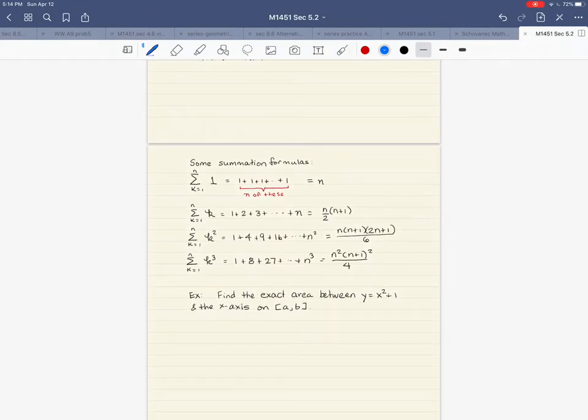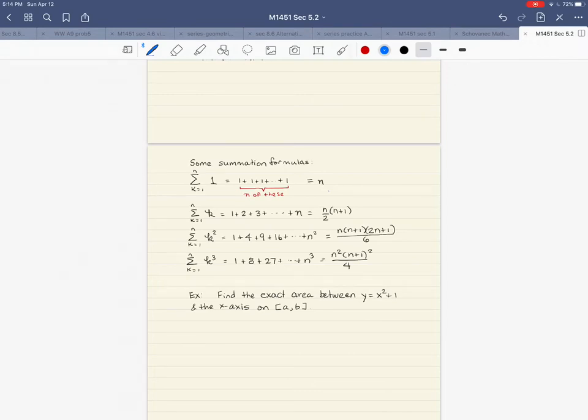So it might be helpful to use these 4 basic summation formulas if we've got some easy function like a polynomial, which are my examples. The first one says that if you add 1 to itself n times, then 1 plus 1 plus 1 plus 1 n times is going to give you the number n.